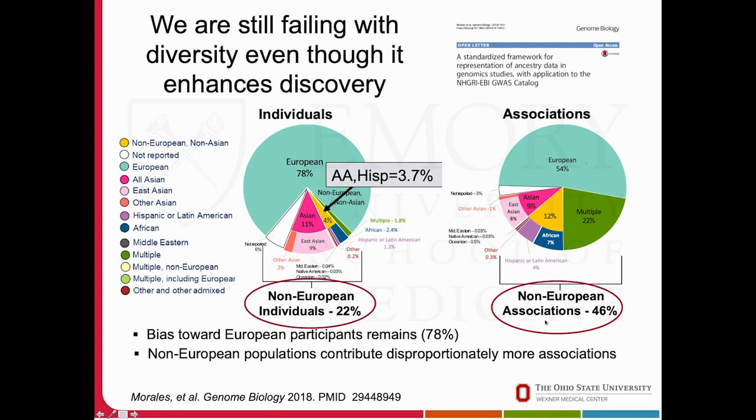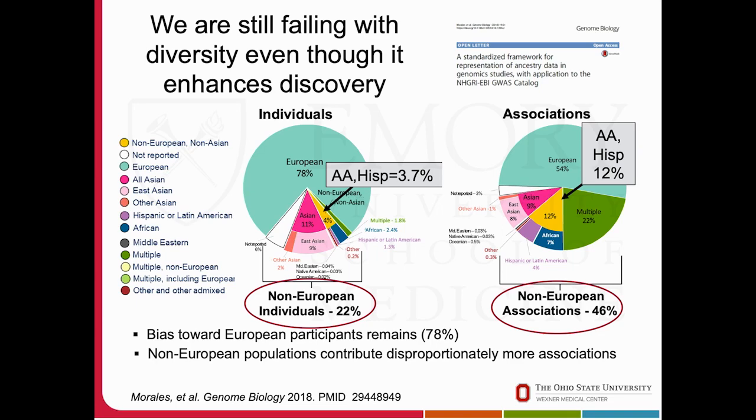Remarkably, though, the non-European associations accounted for 46% of GWAS associations, a dramatic difference compared to their numerical contribution. And of this, the African ancestry and Hispanic contributed 12% even though they were less than 4% numerically.